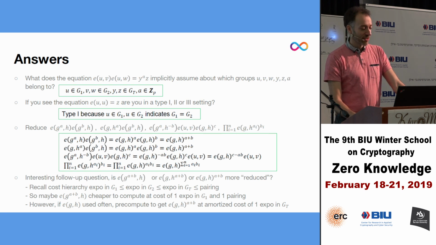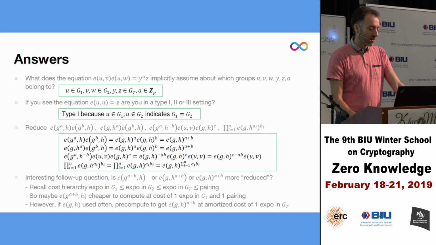And then on the right side, we have the source group 2 elements, so that would be V and W. And then Y and Z would belong to the target group because that's where the pairing maps to. And A is a field element, so an integer, unique up to modulo P.